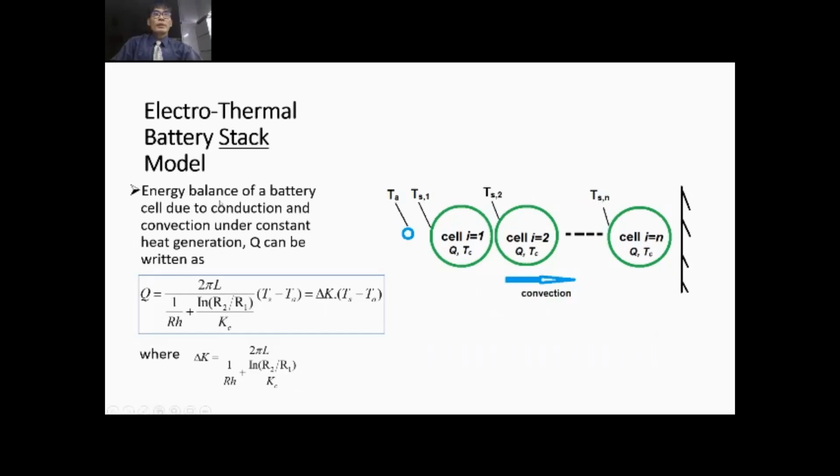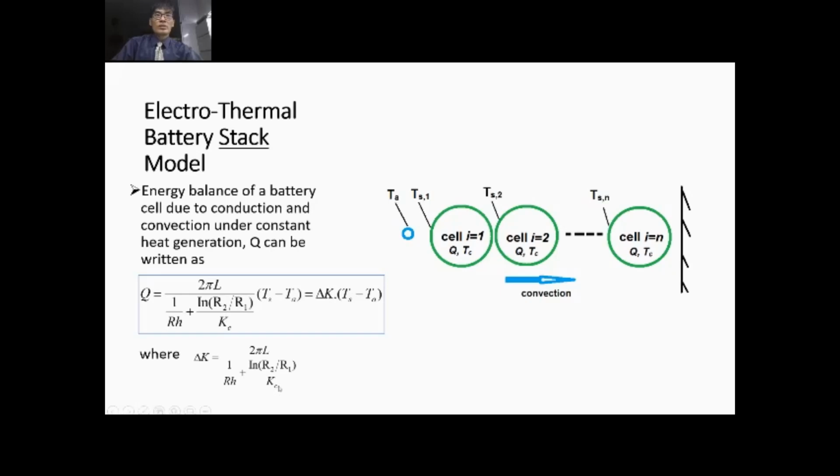The energy balance of the battery cell due to conduction and convection under constant heat generation Q can be written as such. If you go through your heat transfer, you will find that you can write this conduction and convection as such, where delta K, which I simplify as 2 pi L over 1 over RH plus natural log R2 over R1 bracket RKC.